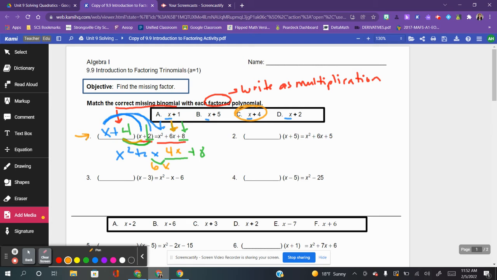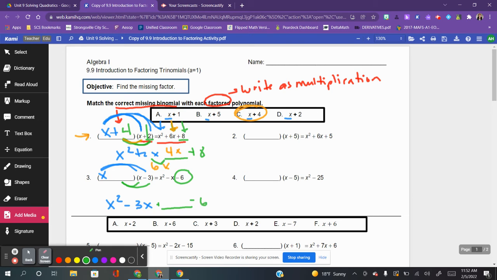Let's try another one, and then you guys can figure out the remaining two. Let's do problem 3 because there's a subtraction here. So in problem 3, again, in order to get x squared, I have to do x times x, right? That would give me x squared. And x times negative 3 is negative 3x. But now I've got to go and figure out what times x, okay? And what times negative 3 gives me negative 6.